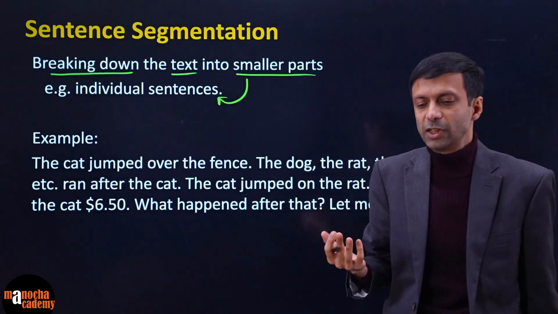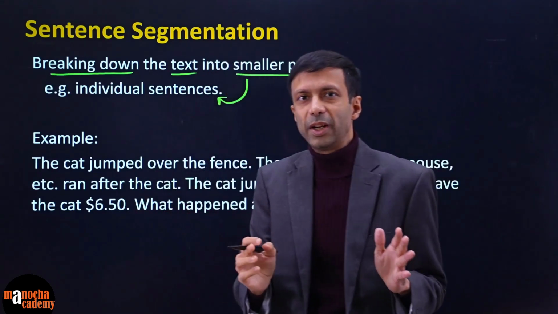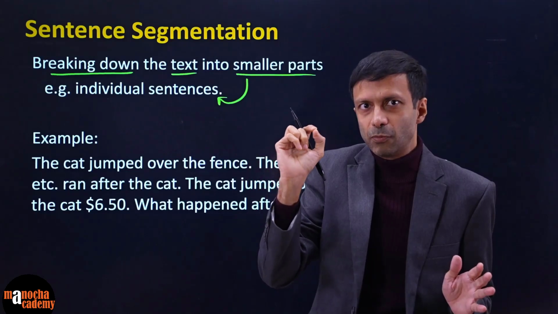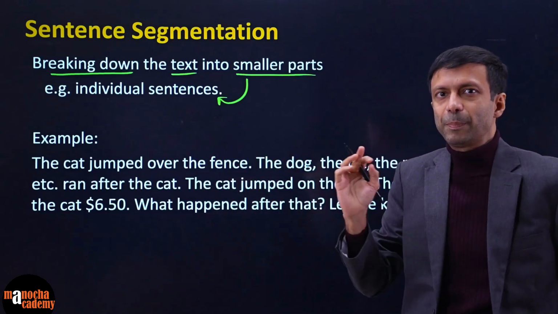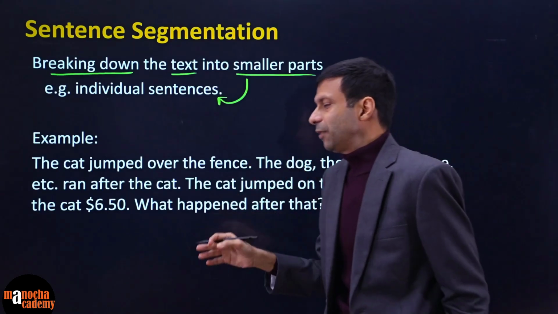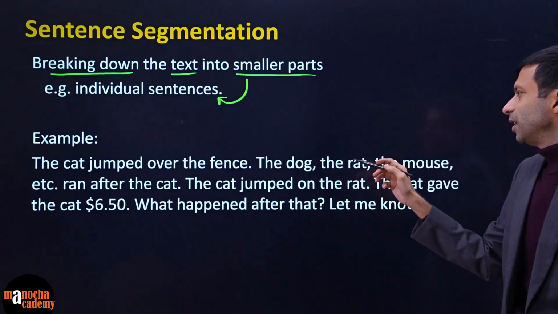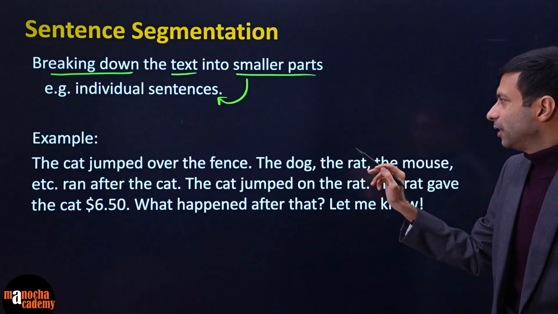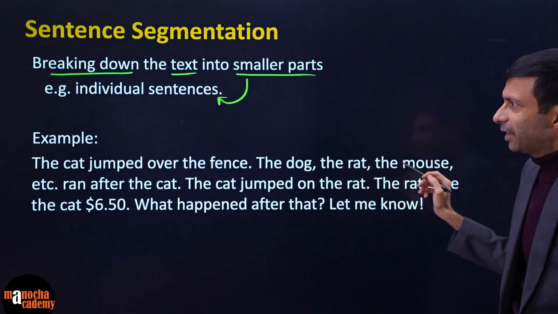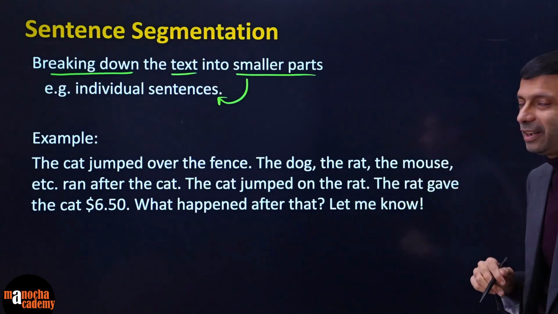English is constructed like that, and we usually end a sentence with a full stop or a question mark, some punctuation. So for example, suppose you have this text: The cat jumped over the fence. The dog, the rat, the mouse, etc. ran after the cat. The cat jumped on the rat. The rat gave the cat $6.5. What happened after that? Let me know.